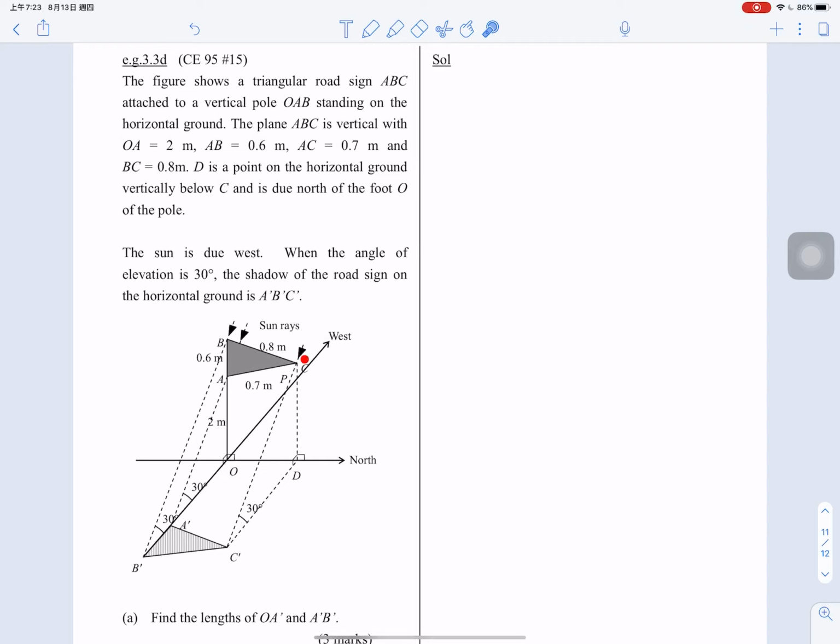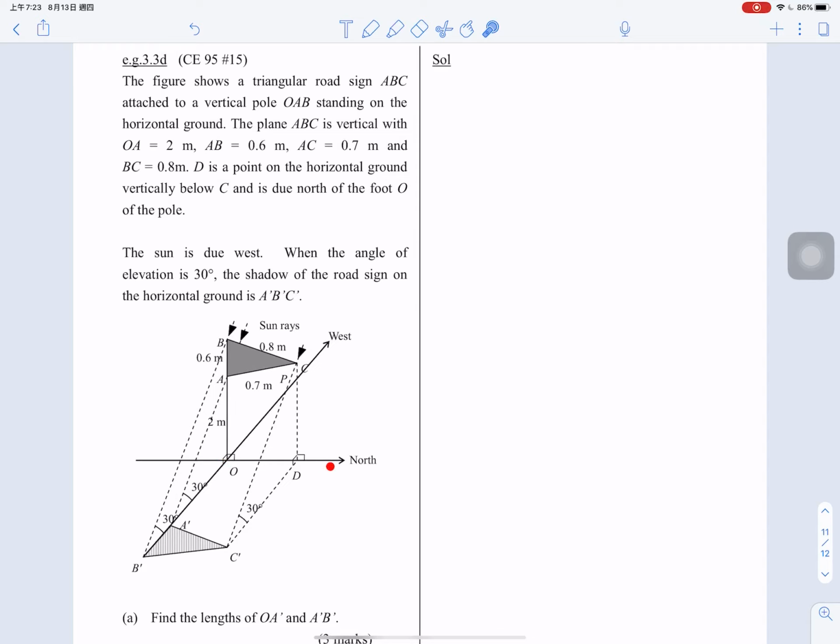D is a point on the horizontal ground here, vertically above C. So actually you can say that C, if you have the projection on the ground, then it's D. And D is due north of the foot O of the pole.